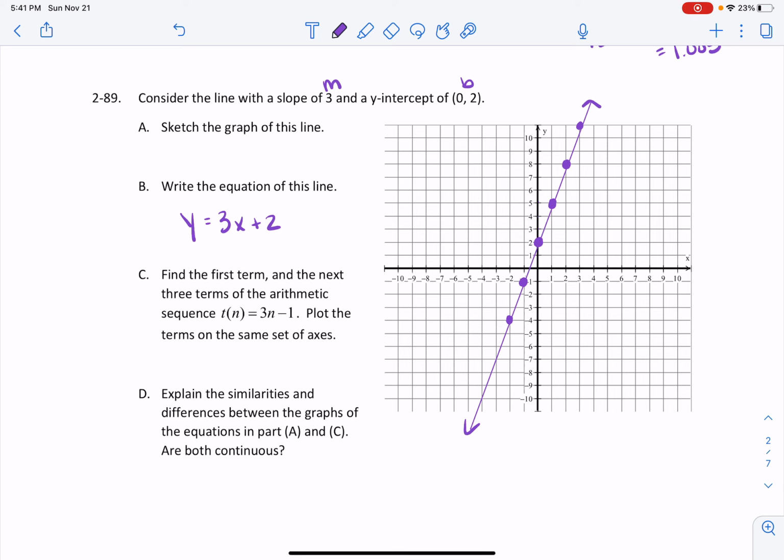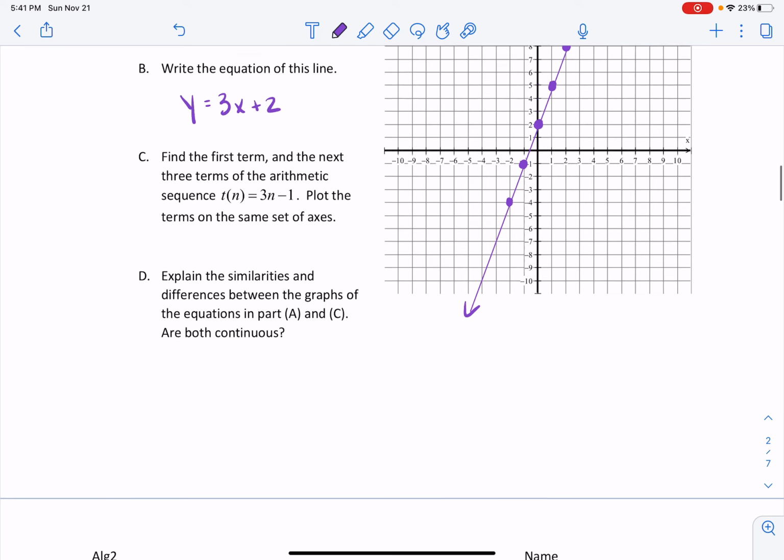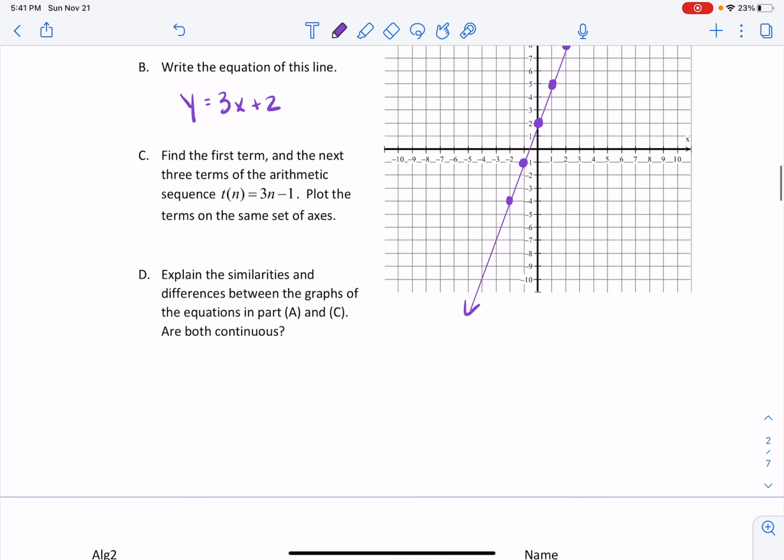Then it says find the first term and the next three terms of the arithmetic sequence t of n equals 3n minus 1. Plot the terms on the same set of axes, and then explain the similarities for part D. So, okay, this is similar to having an x and a y, except we've got an n and a t of n. It wants us to find the first term and the next three terms.